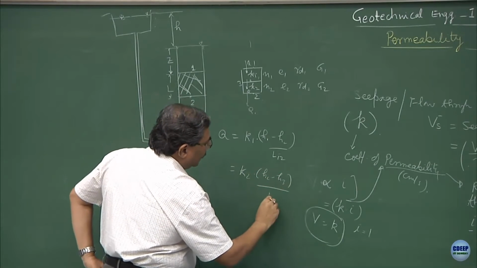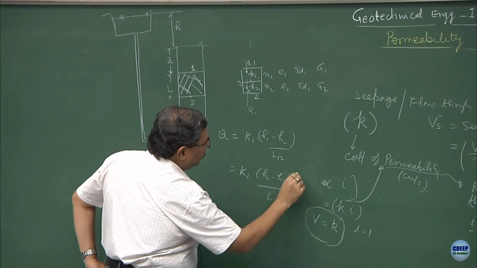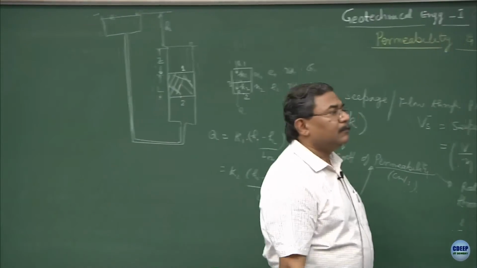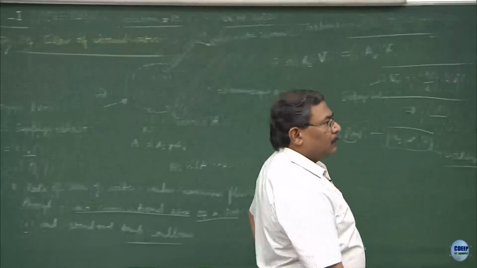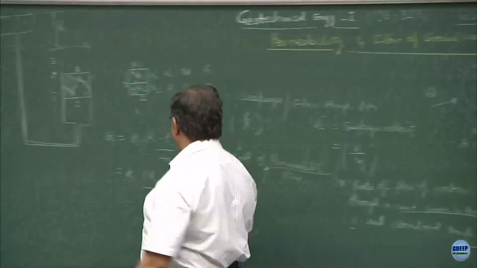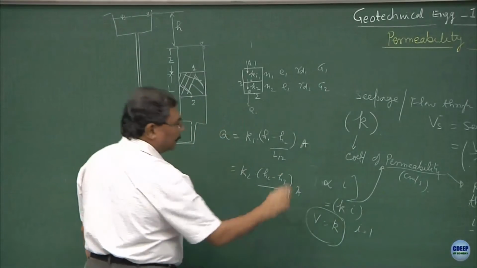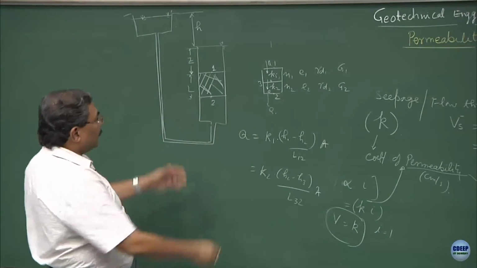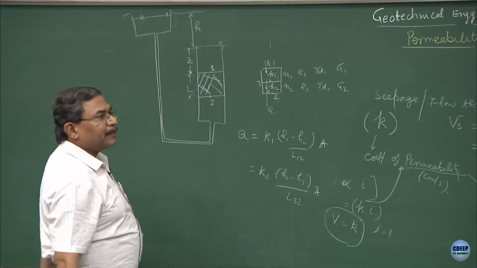Is this correct? And you multiply by the area of cross section. Fortunately, the area of cross section remains the same, so that does not come into the picture.